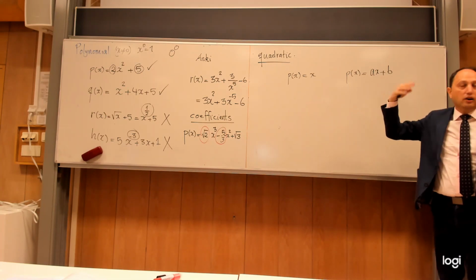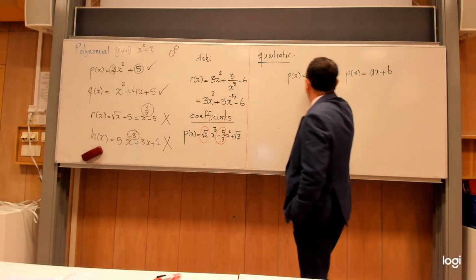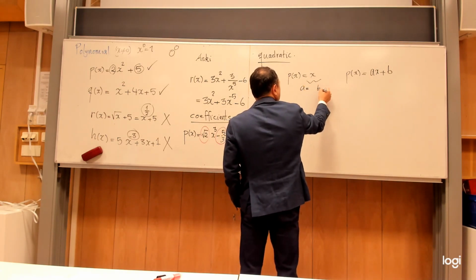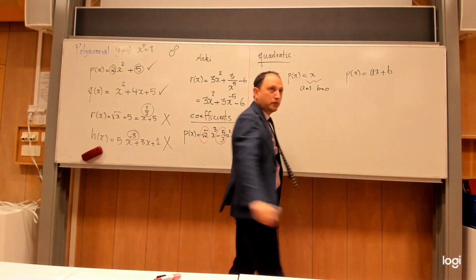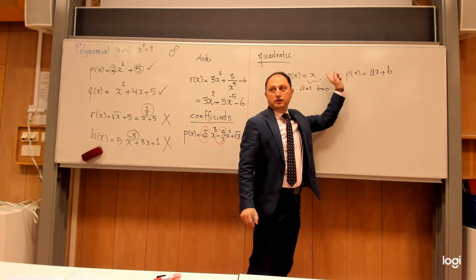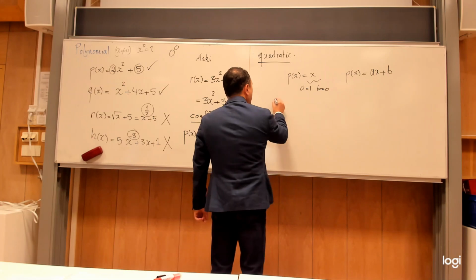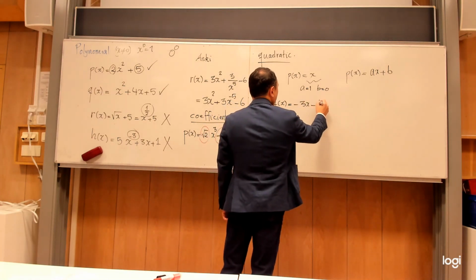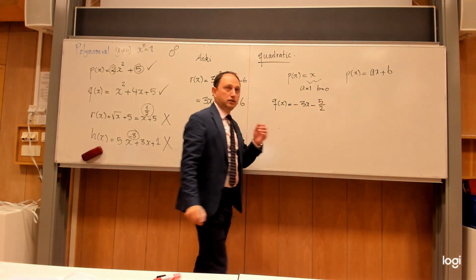Okay? So here, can you tell me what is A in this case and B for this particular case? Yes, A is 1, B is 0. So if I put A equals to 1 and B equals to 0 into this general formula, it will generate this. For example, do you think that this is also a polynomial? Is this a polynomial of degree 1? Yes.